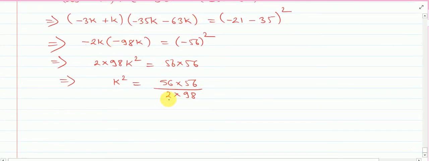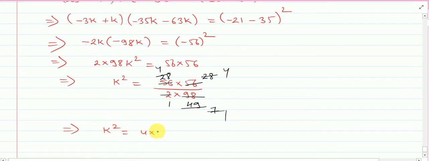So simplifying, 2 ones are 2, and here 28, and here 2, 49, again 7 sevens are 49, and 7 fours are 28, so you are getting k square is equal to 4 into 4, so k will be plus minus 4.